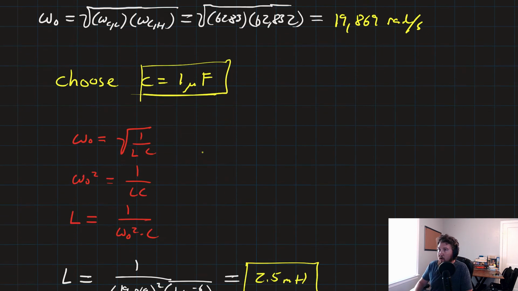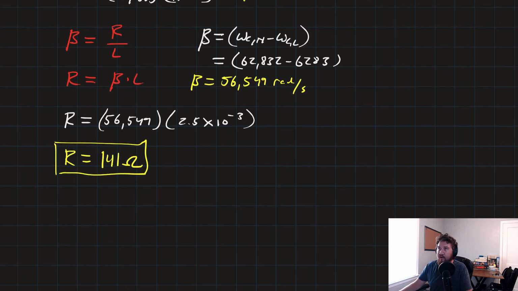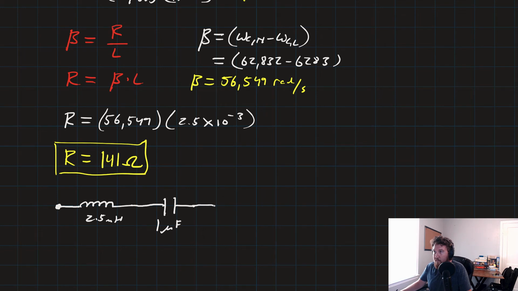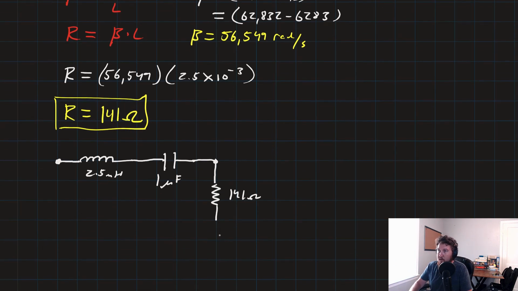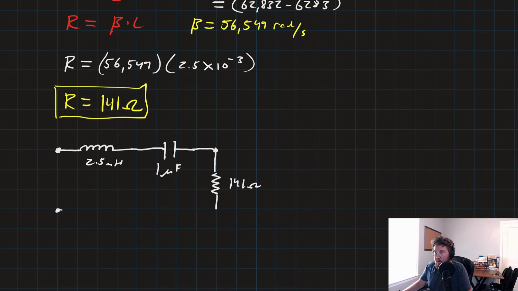So let's go ahead and draw our circuit here, just for fun, just to say we did. We've got our inductor at 2.5 millihenries, connected to that capacitor at 1 microfarad, connected to our resistor at 141 ohms, and our input and output terminals.